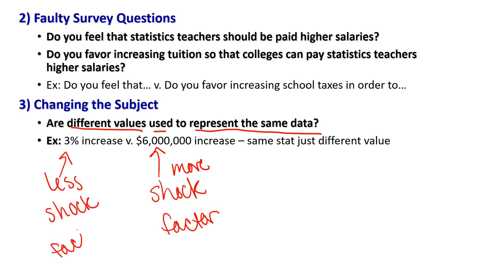If we're talking about a 3% increase of national debt versus $6 million of increase in national debt, 3% is relatively small, but when we hear millions, our brains think that's astronomical and huge, when in reality, the perspective is that it was only a 3% increase. So I like to call that changing the subject, or using numbers to your advantage.